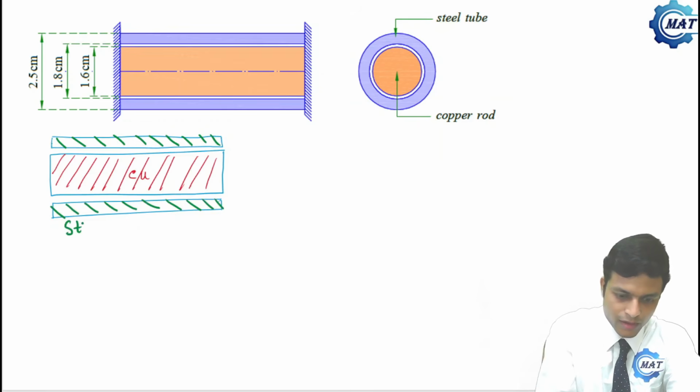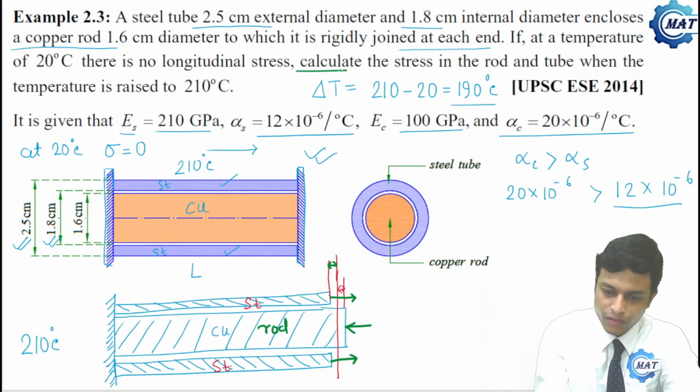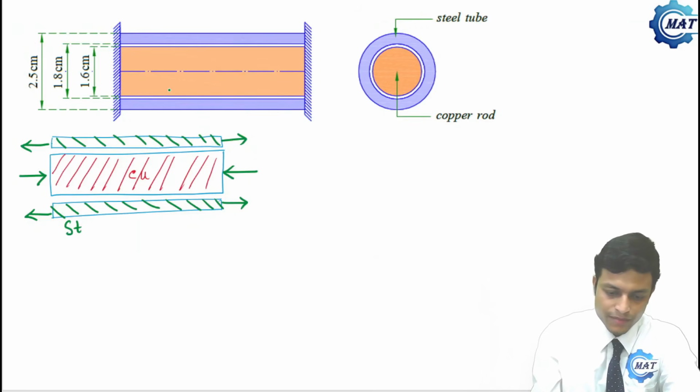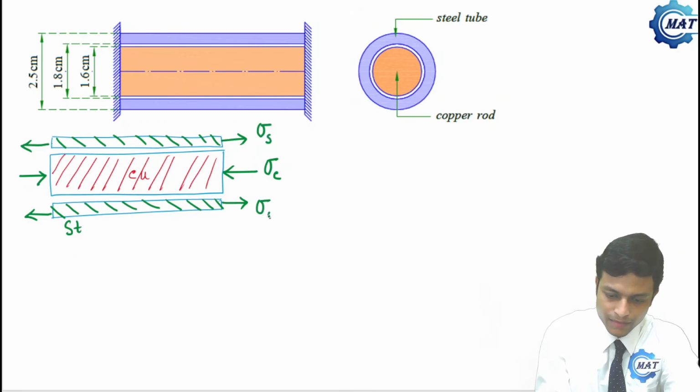Copper will be compressed and steel will be elongated. We have to calculate the stress in the rod and tube when the temperature is raised to 210 degrees Celsius. Now say the stress on copper is sigma C and the stress on steel is sigma S.